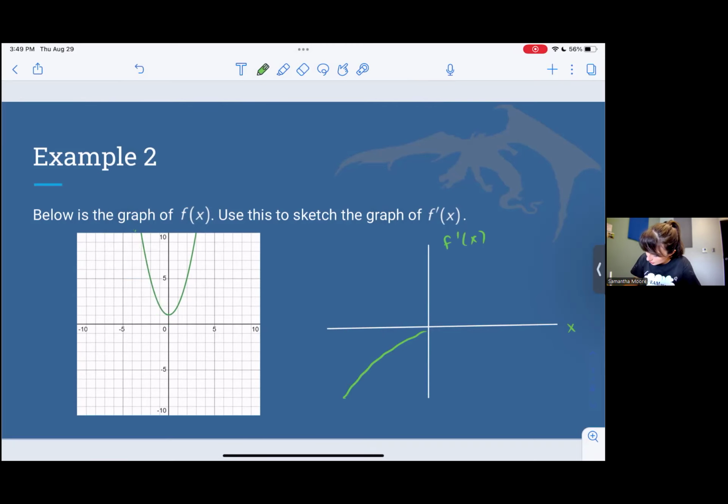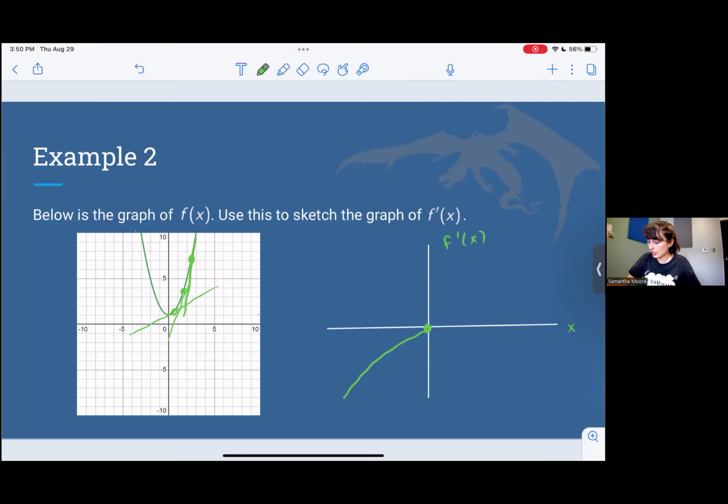And then at x equals 0, my tangent line should have a slope of 0. So my graph should go through 0, 0, because at 0, the slope of the tangent line is 0. And then for x values above 0, again, I'm going to think about drawing a bunch of the tangent lines. For x's above 0, they're all going to have positive slopes.